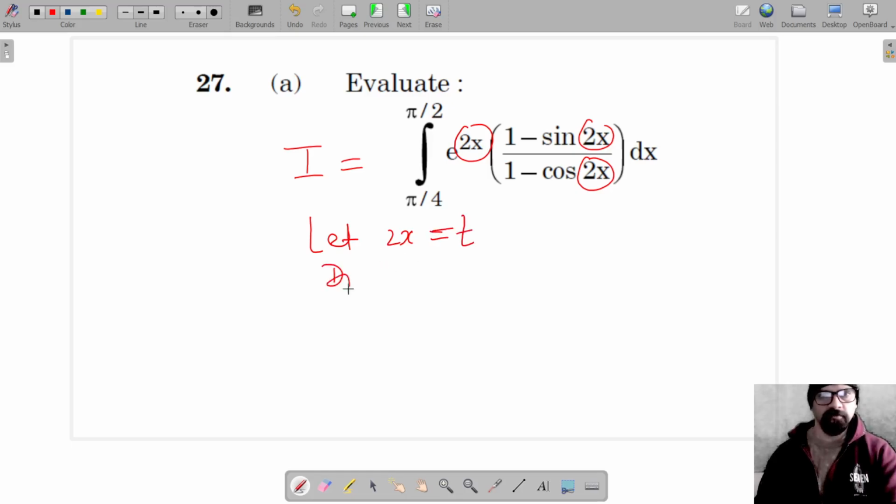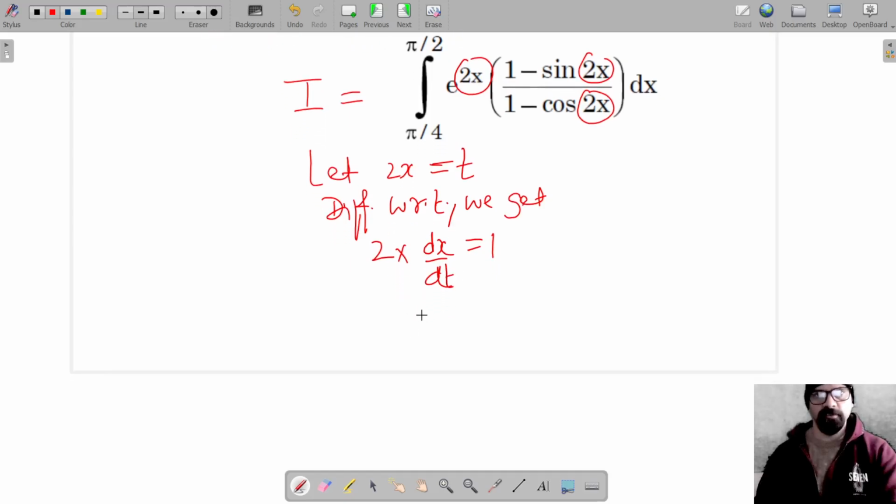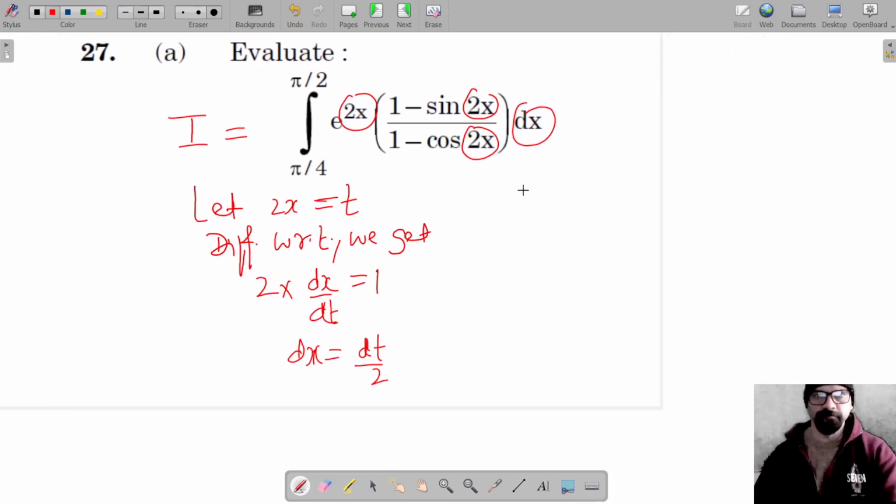So differentiating this with respect to t, we get dx by dt is equal to 1, which gives me dx is equal to dt by 2. So I can replace this with dx, and let's find out the new limits as well.